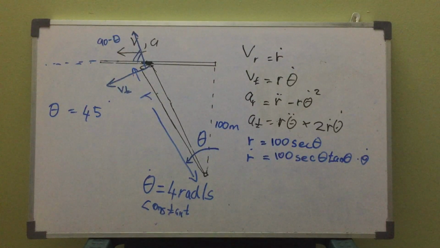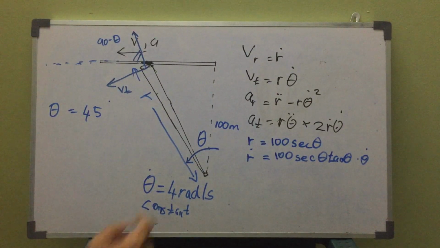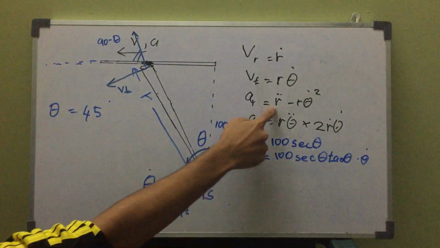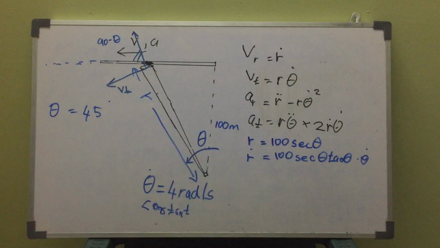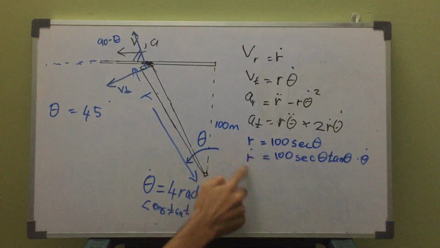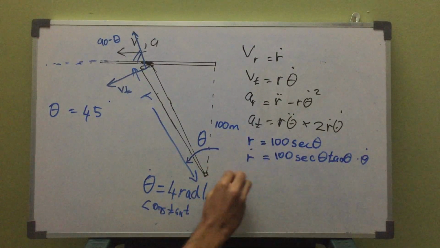So for the next question, we need to find the acceleration. Before that, we need to find both the acceleration in the radial direction as well as in the transverse direction. When we are considering the radial direction, we need to find the value of r double dot. How to find that? Most probably you will guess it. We need to differentiate again. However, it's not a simple thing.